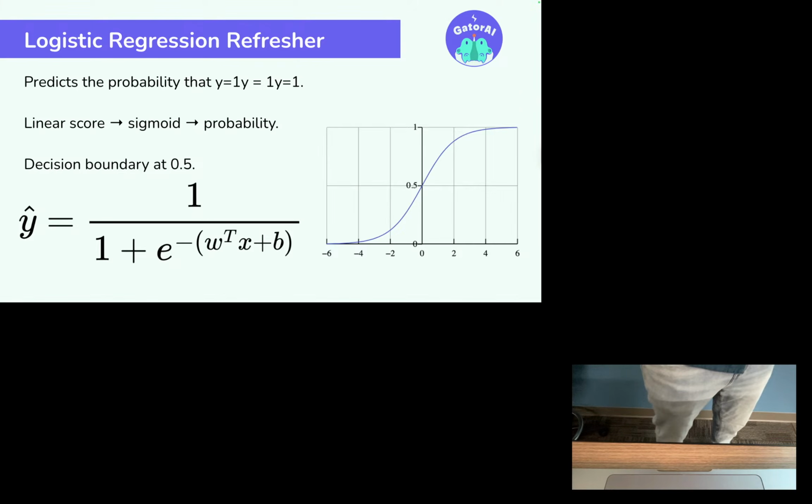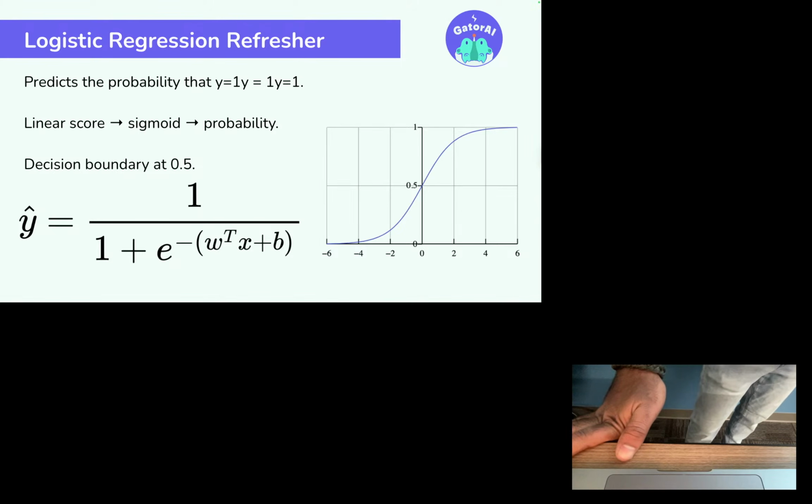So once you get your z-value, you can pass it through a special function referred to as a sigmoid function. This is the sigmoid function right here. So why do we use the sigmoid function? Well, when you have probabilities, what if I said I had a 200% chance of passing an exam? Clearly that's not possible because at most you can have a 100% chance.